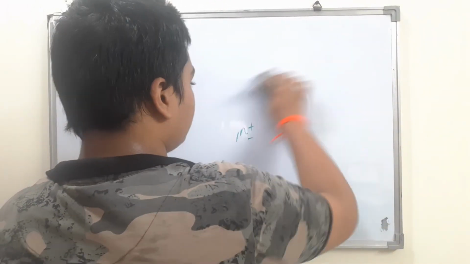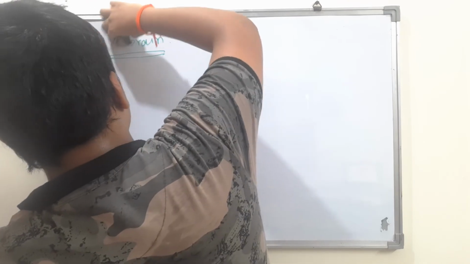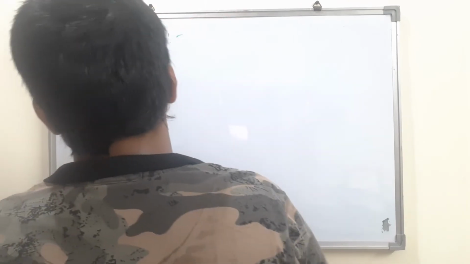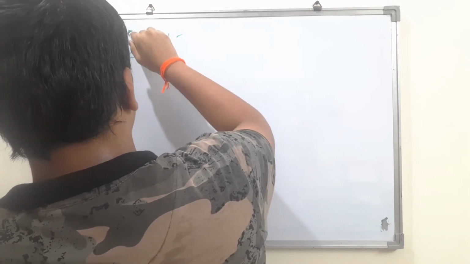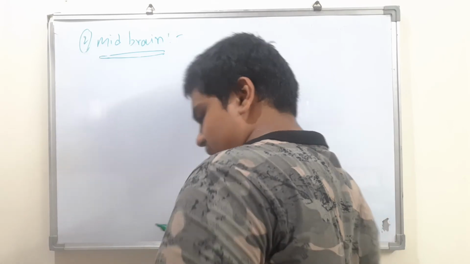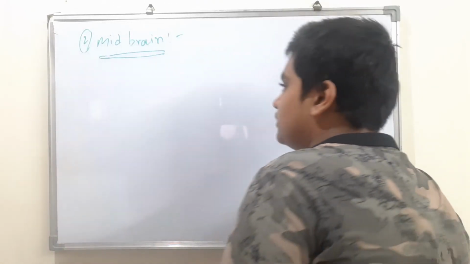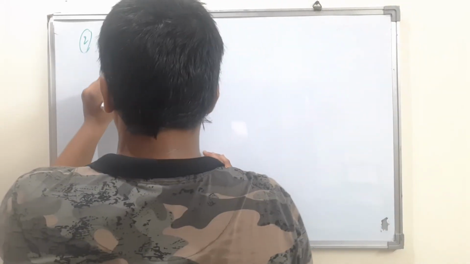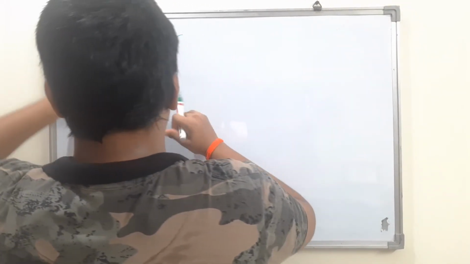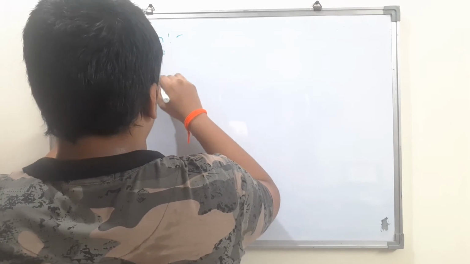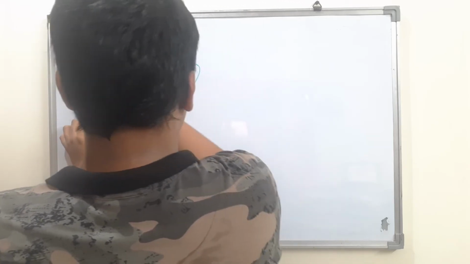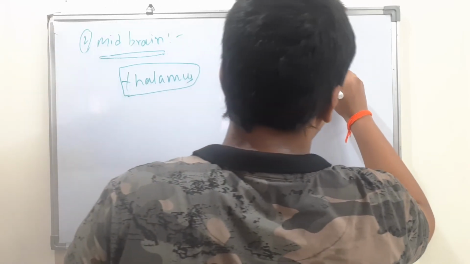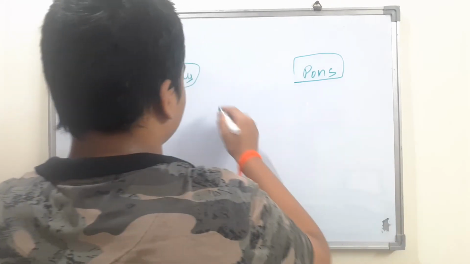Now let's move on to the midbrain. This midbrain is very simple. It is located between the thalamus of the forebrain on this side and the pons varolii of the hindbrain on this side, which we will see next.